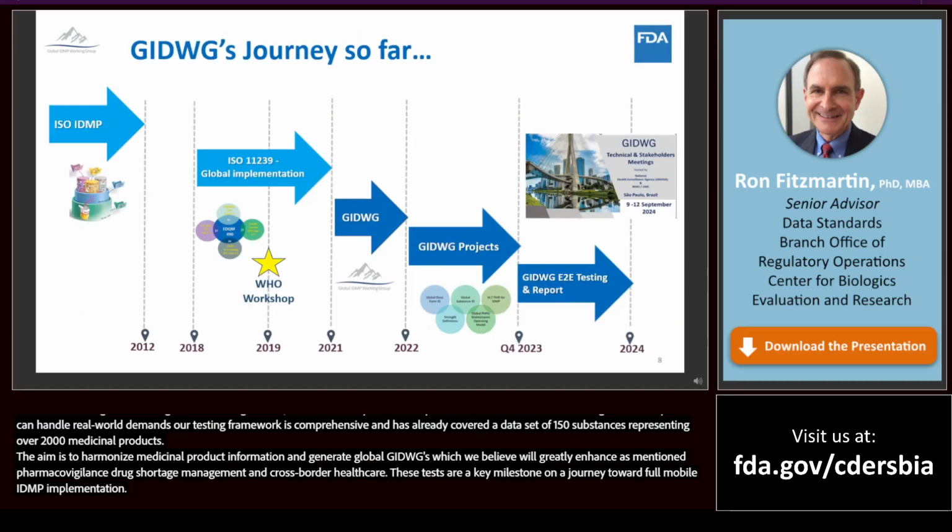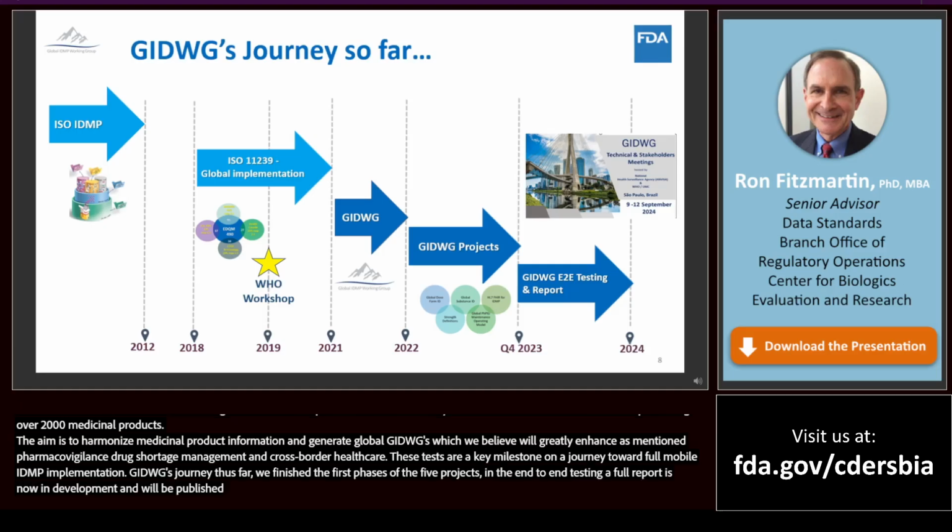GIDWG's journey thus far. We finished the first phases of the 5 projects and the end-to-end testing. A full report is now in development and will be published hopefully by the end of the year. We held our 4th Global IDMP Working Group stakeholder meeting in Sao Paulo, Brazil.